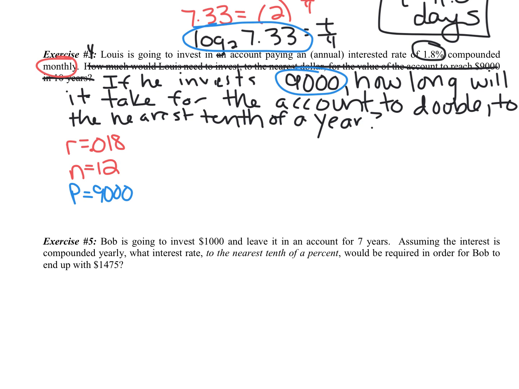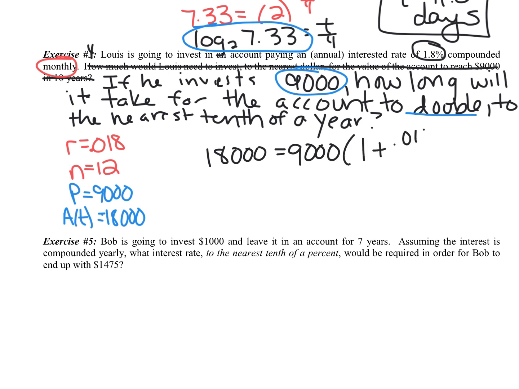And if we're doubling, our goal at the end is to have 18,000. So plugging in those values, we have 18,000 equals 9,000 times 1 plus 0.018 over 12 to the 12t.